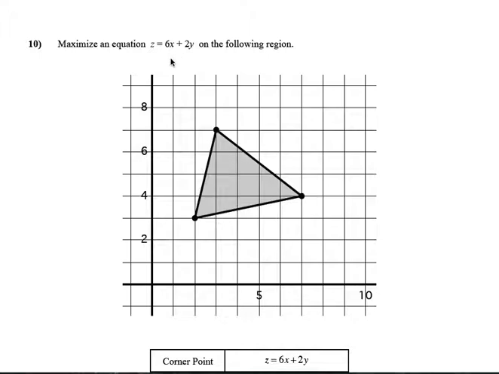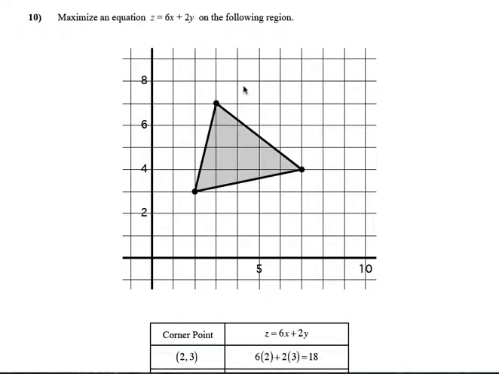by substituting in the x value and y value for each, and then add those two, and that'll give us this value z. What is z? It's abstract in this case. It doesn't stand for anything other than the value of this expression here.